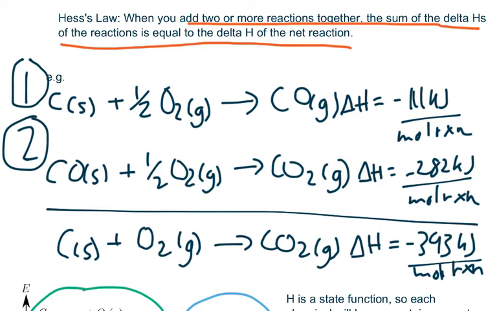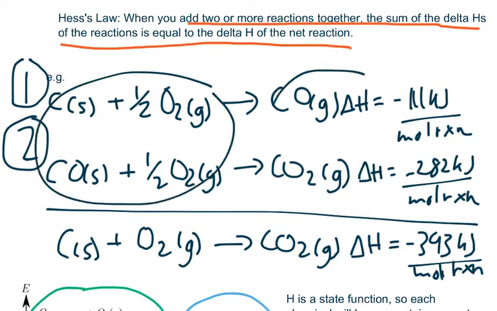Well, adding reactions together is just like adding algebraic equations together in a system of equations. You simply add both sides together and kind of combine them, and things that are the same on the left and the right will cancel out, while things that are the same on the same side will combine.